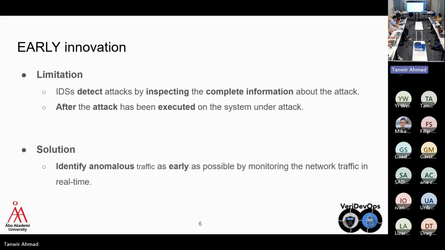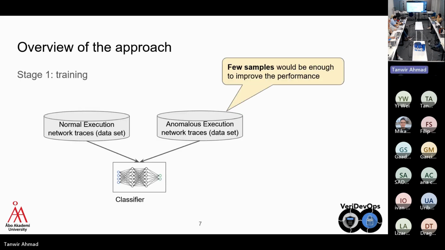This is the idea behind the early intrusion detection system that we propose, with the objective of detecting anomalous traffic as early as possible. The overall approach can be divided into two stages.